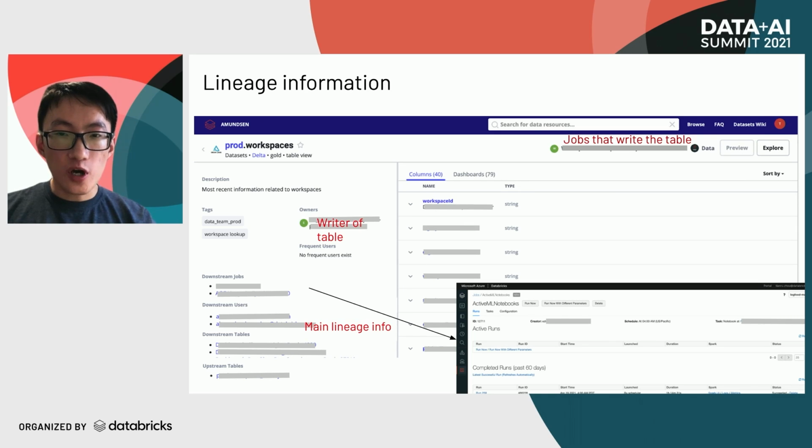For downstream jobs, the link can lead us to the actual Databricks jobs. And on the upper right corner, there is also a link pointing to the Databricks job that writes to this table. All the lineage information here is extracted from a pre-created lineage table, which I will talk more about later.